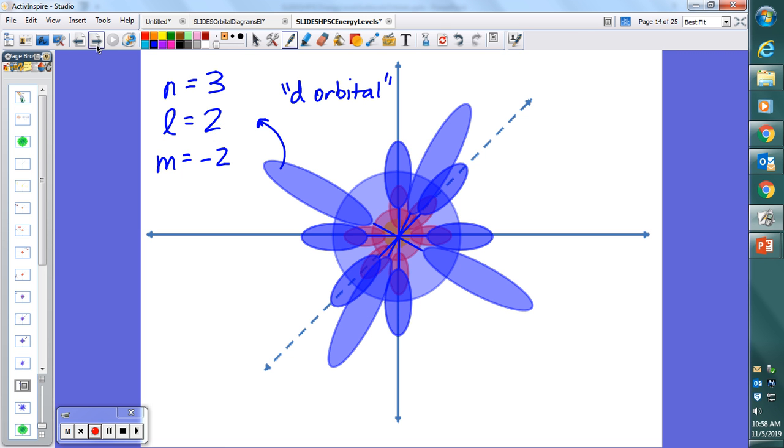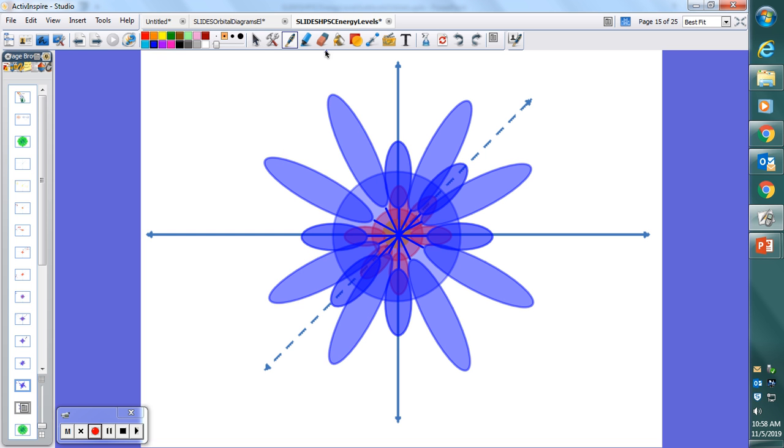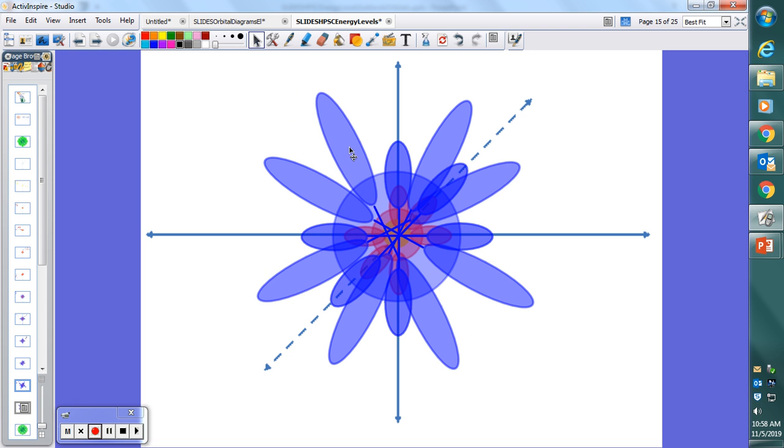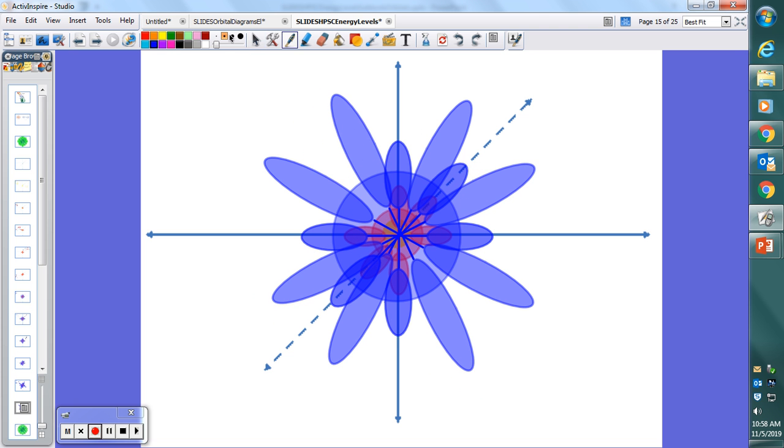But then, when we draw this second one, which is this one right here, n is 3, l is 2, because it's a d orbital in the 3rd energy level. What about m? There's only one value that m can't be for this orbital.